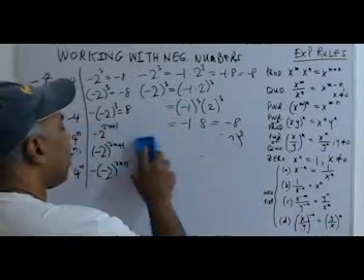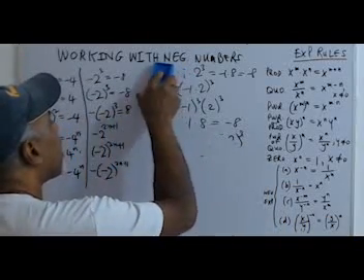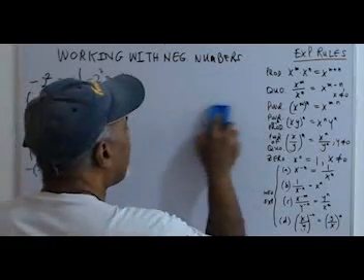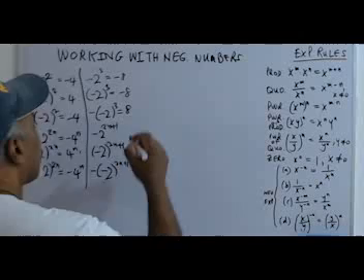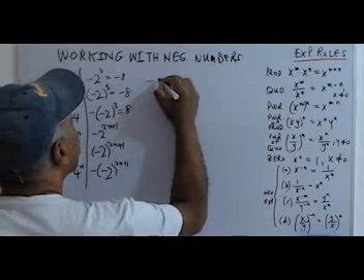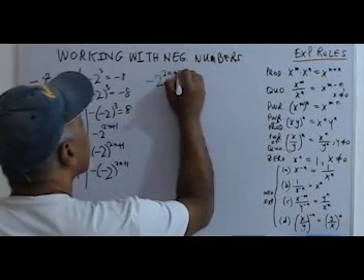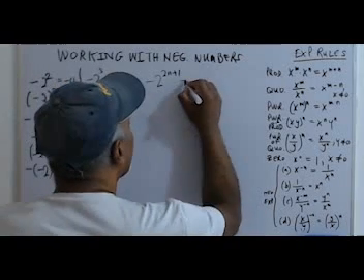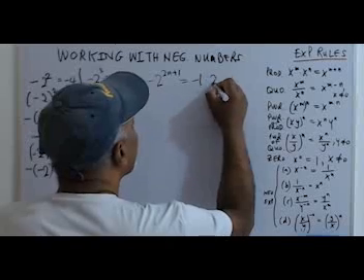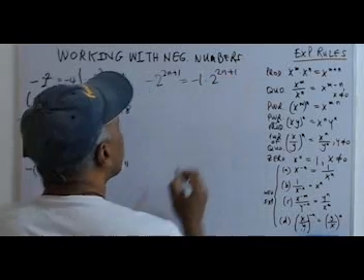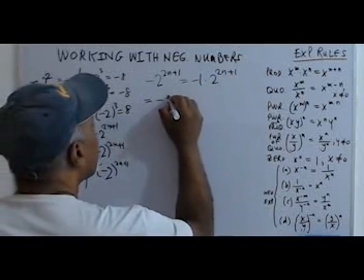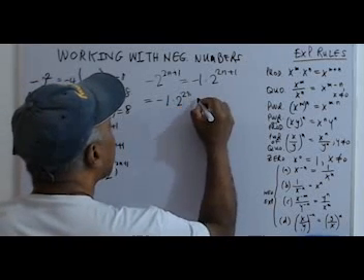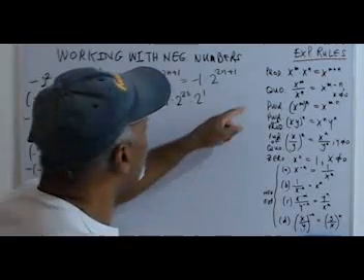We're going to look at the general odd power now. Negative 2 to the 2n plus 1. We can rewrite that as negative 1 times 2 to the 2n plus 1, which is negative 1 times 2 to the 2n times 2 to the 1 using the product rule.